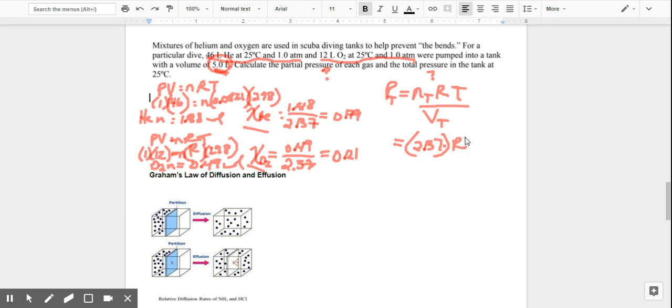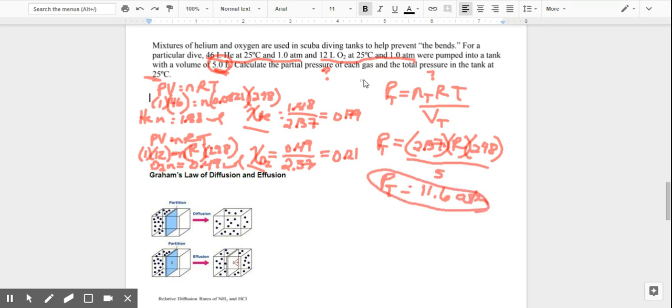R is your R value. Temperature, it says 25 degrees Celsius, so that's 298, over volume, which is 5 liters. So my total pressure ends up being something around 11.6, 11.7 ATM. So I've answered one of these questions. My total pressure, check. I've got it done.